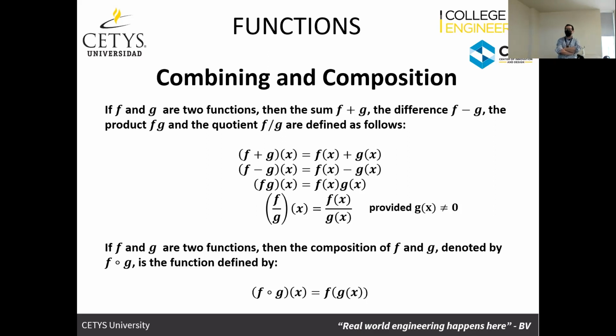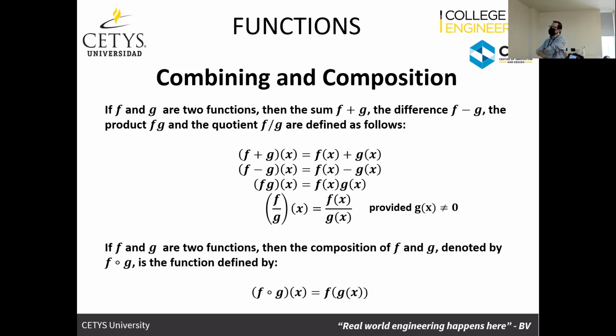Let's assume that f and g are 2 functions. Then we have a series of operations that we can do with f and g. We can add them, subtract them, multiply them, and divide them. That's literally doing those operations with the functions.